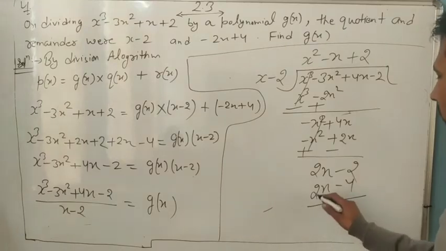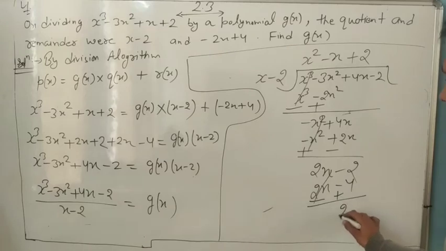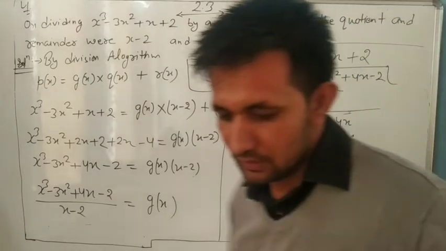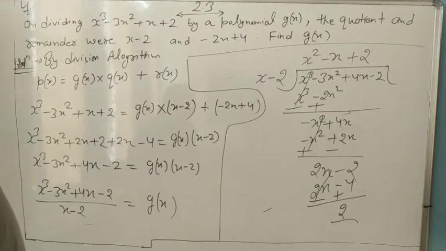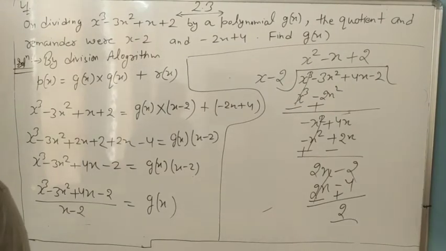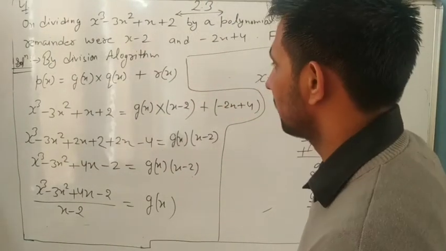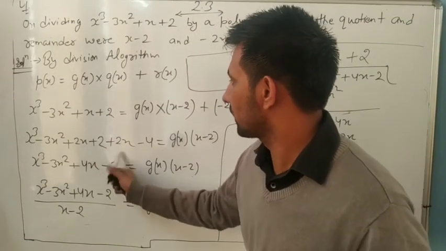2x minus plus, what is it? We made a mistake somewhere. Look at it, check the answer. 2x plus 2x, 4x.